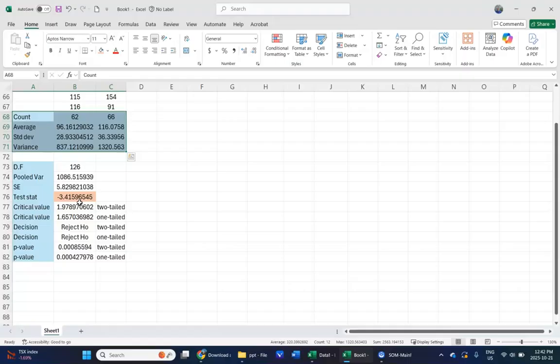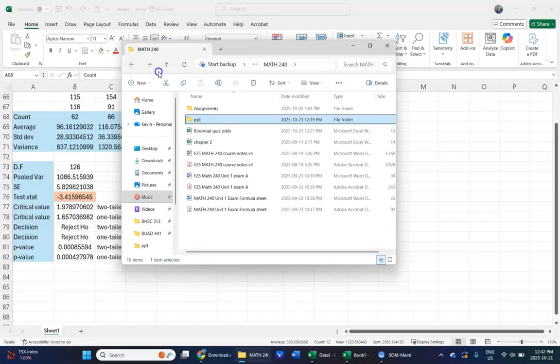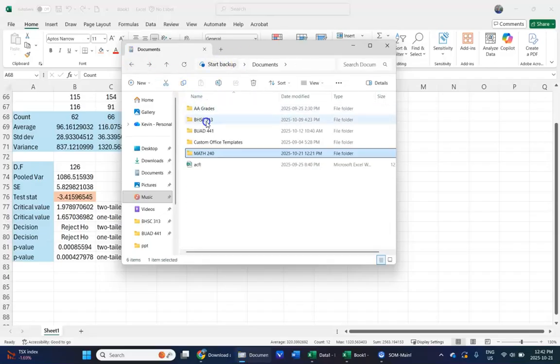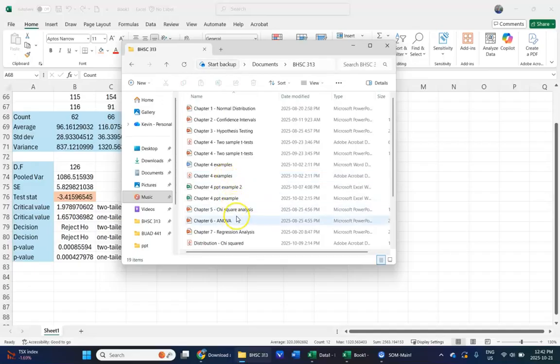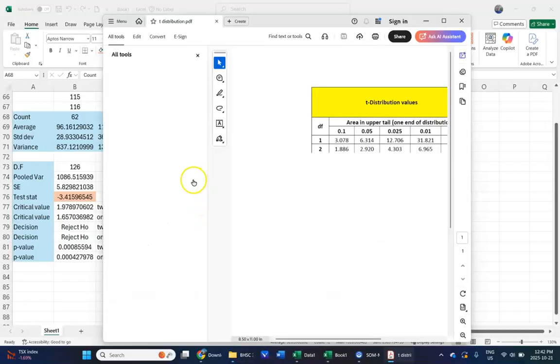We can find the critical value on the t-distribution chart if the degrees of freedom is on that chart. And I can just bring that up quickly here. Let's just do that really quick. T-distribution chart.